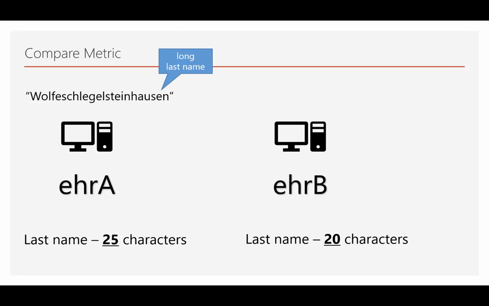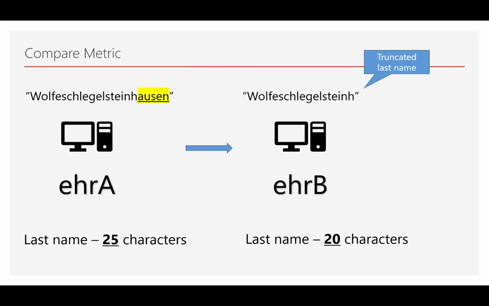When EHR A sends a CCR to EHR B, a patient with a very long last name will not be accurately identified in EHR B because their name will be truncated. That is not good. The Compare tool will identify these types of issues.